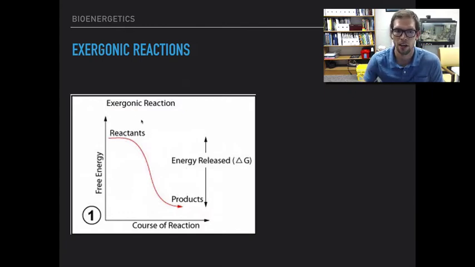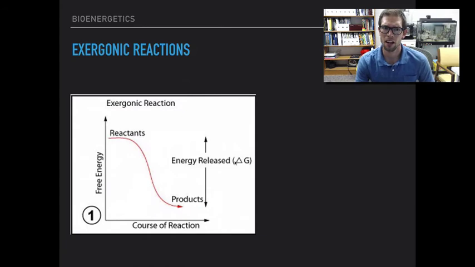So if you have an exergonic reaction that releases energy, this energy that's released can actually be captured and used to power endergonic reactions. For example, making ATP from ADP and inorganic phosphates is an endergonic reaction, but we couple that to the exergonic reaction of glucose oxidation, which is going to actually allow us to make ATP, even though it's an energetically unfavorable reaction.